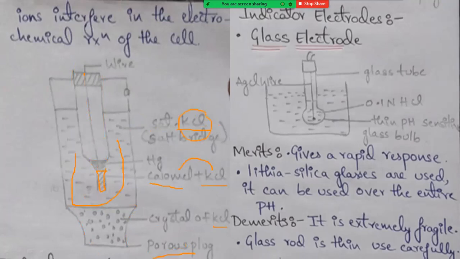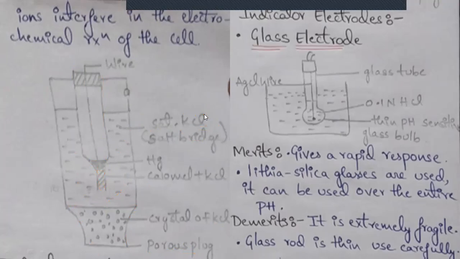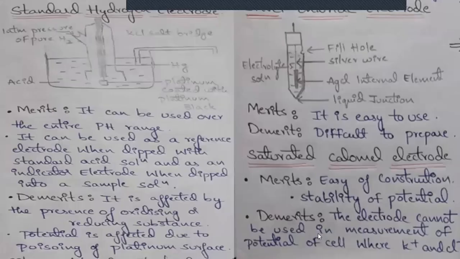So that's why this is the only demerit of the saturated calomel electrode. What is this demerit? The electrode cannot be used in the measurement of potential of a cell where K plus and Cl minus ions are present, right? Due to the presence of potassium ions and chloride ions, the potassium chloride is also adding some potential values.